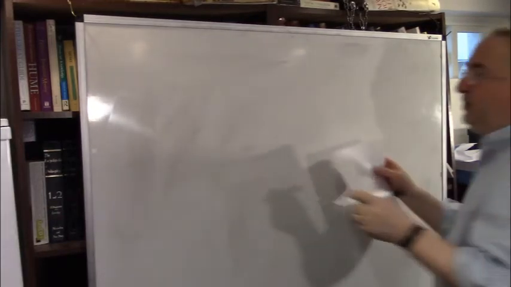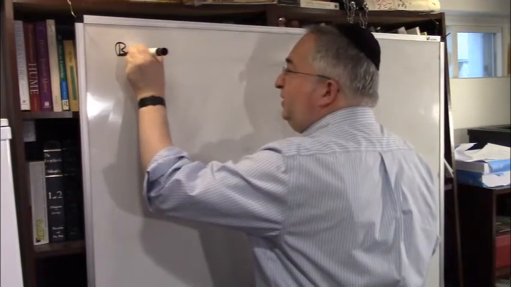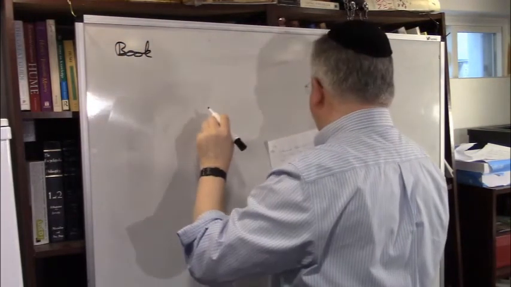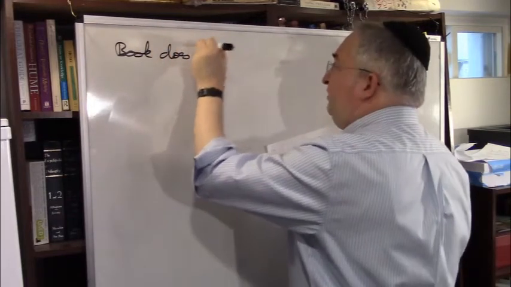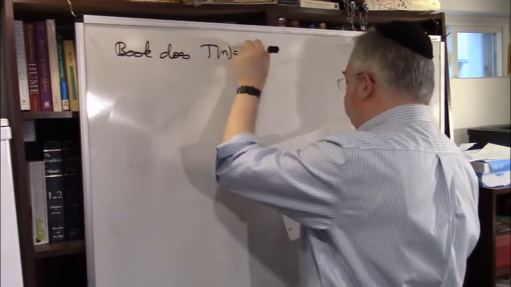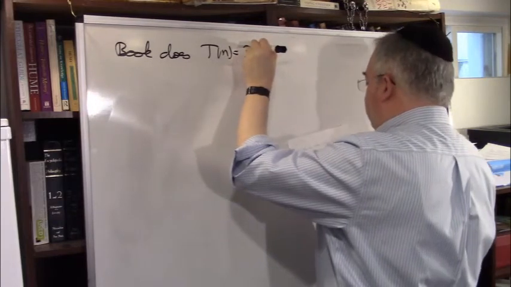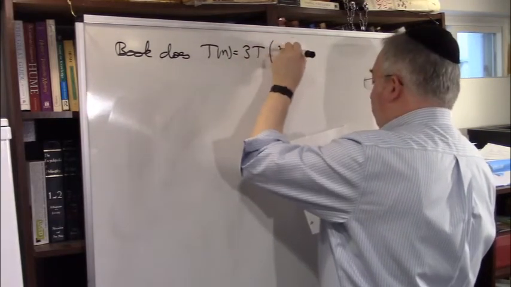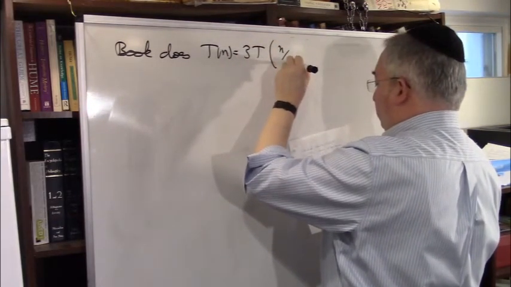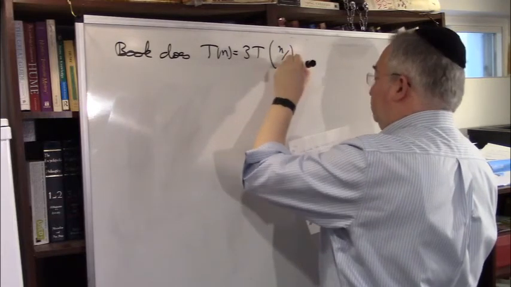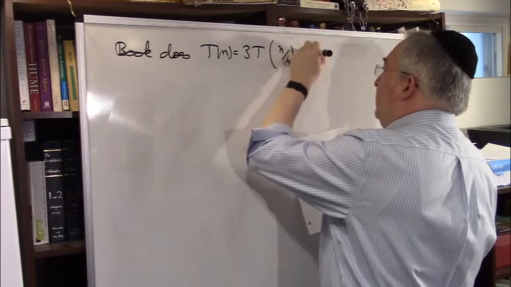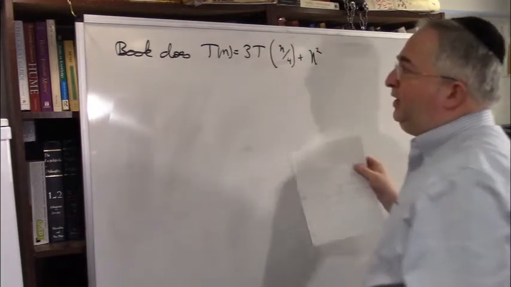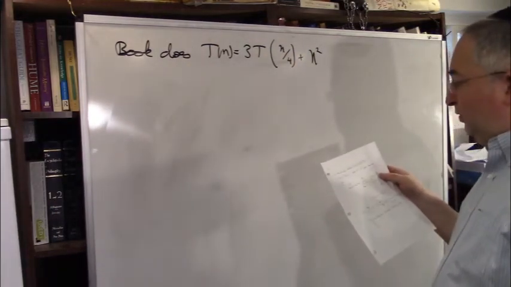I just want to say, again, I want to hold your hand while you do the book. The book does t of n is equal to 3 times t of n over 4 plus n squared. Okay? Okay, great.